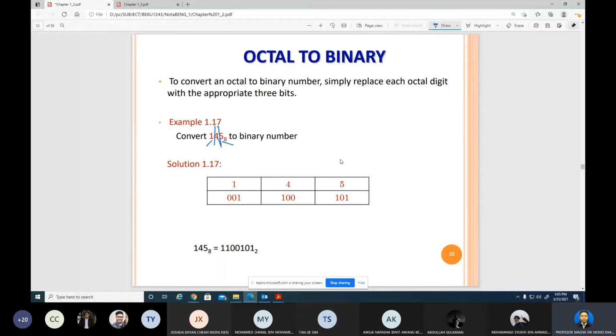For example, we have 256 in octal. First you can use your calculator.